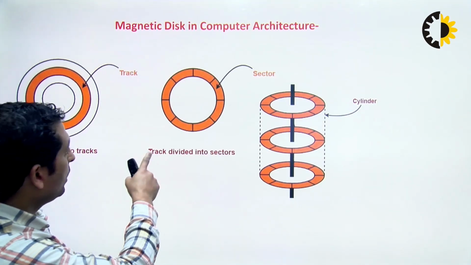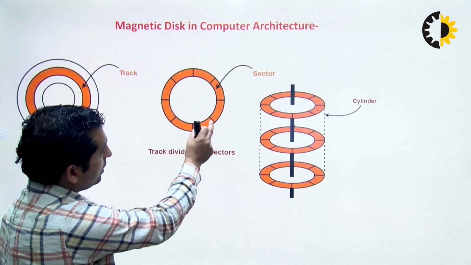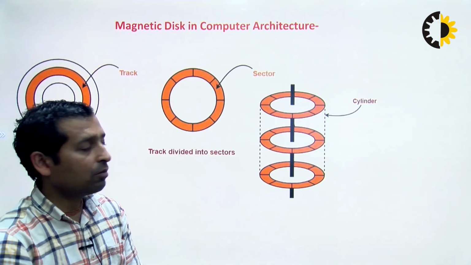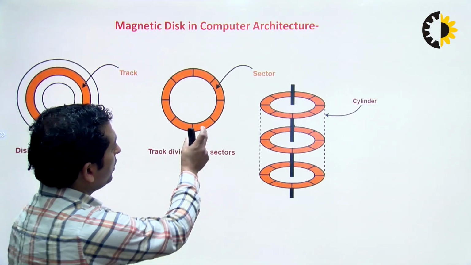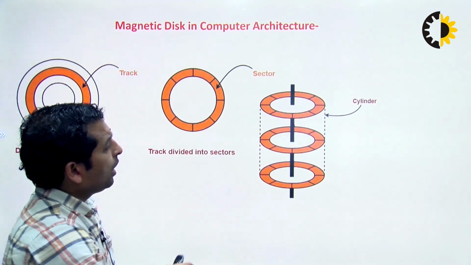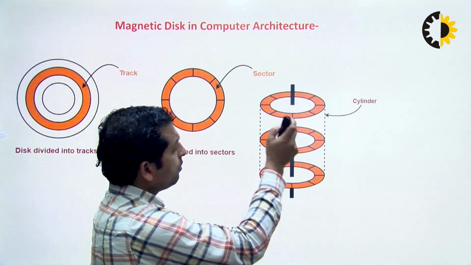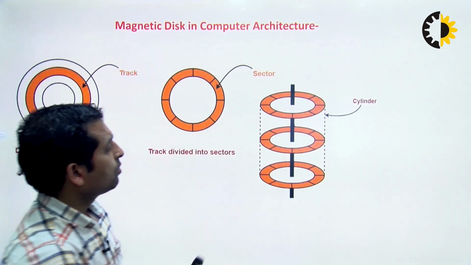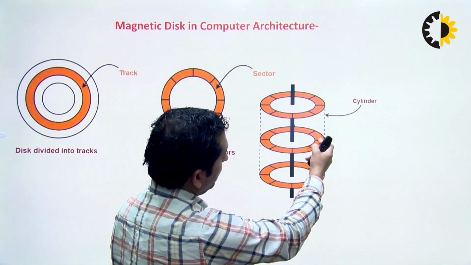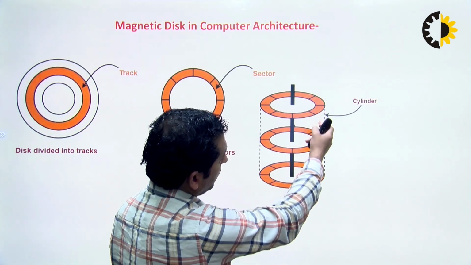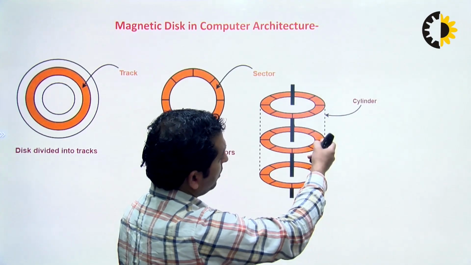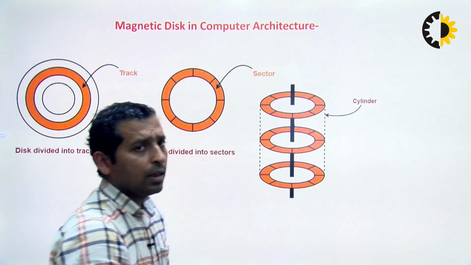So, track, then sector, and this sector is the minimum unit which can be accessed in a single time unit. Now, cylinder means there are many platters on the disk. The same tracks and same sectors of the different platters are known as a cylinder.